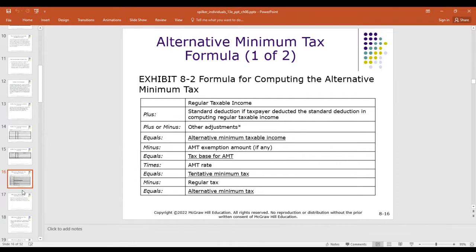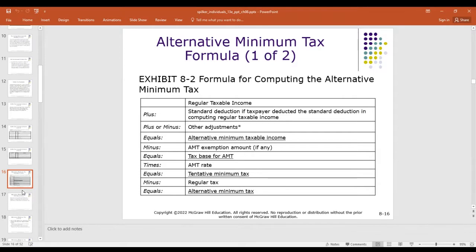We take taxable income right off the 1040. We add back the standard deduction if we took it on the original tax return. We add or subtract certain adjustments, and the common ones are listed on 8-9. So if our taxpayer had tax exempt interest income, we add that for purposes of this calculation.